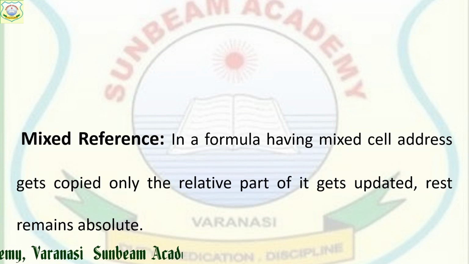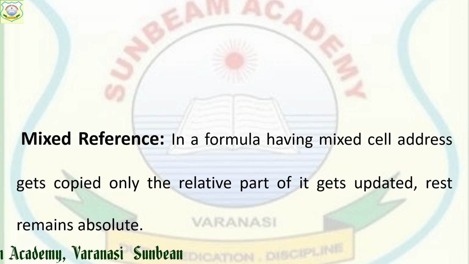Third is mixed reference. A cell address is formed with the help of a column letter as well as a row number. If either the column or the row, one of the two, is made absolute, meaning one part is absolute and one part is relative, then it is known as mixed reference.